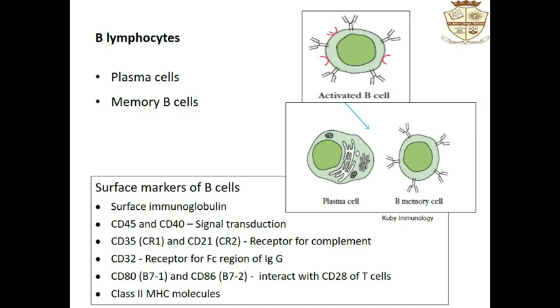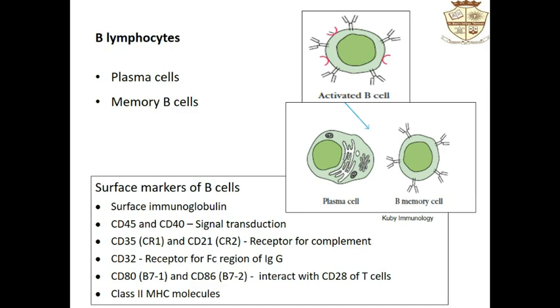The secreted antibodies may be one of the 5 classes of antibody, that is IgG or IgA or IgM or IgD or IgE. Memory B cells have a longer lifespan and they remain in the circulation for a long time, for up to years. They express the same membrane-bound antibody as the original parent B cell.